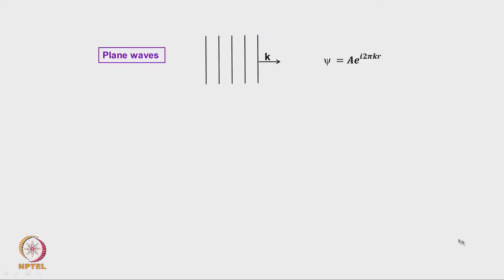If you consider an incident beam as a plane wave, the separation between the crests will correspond to the wavelength of the radiation, correct? k represents the wave vector of the incident waves in reciprocal space, and so psi will be A into e to the power of i 2 pi k.r.